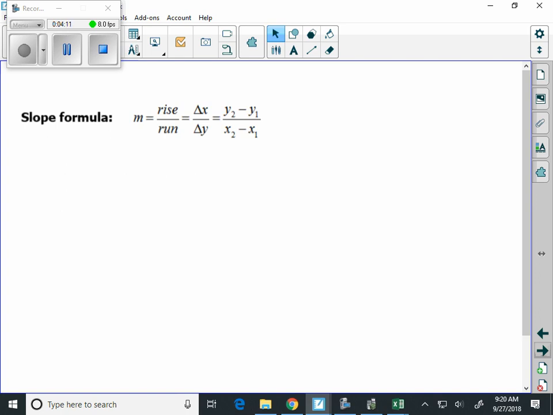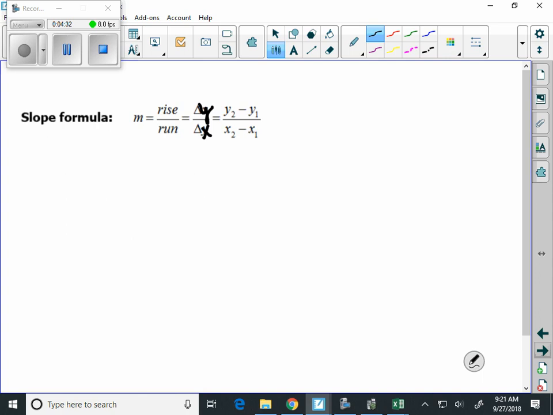It starts with M. That's where it came from. It's defined as rise over run. And then here, the slope formula is actually delta y over delta x. That triangle means delta, Greek letter. It means the change in y over the change in x.